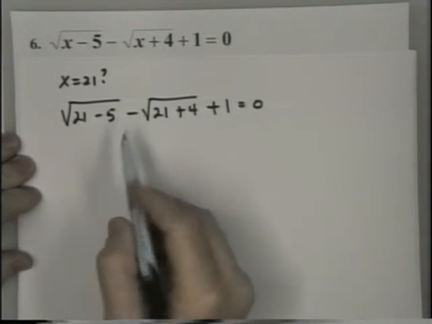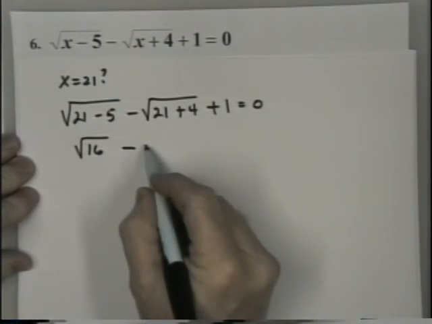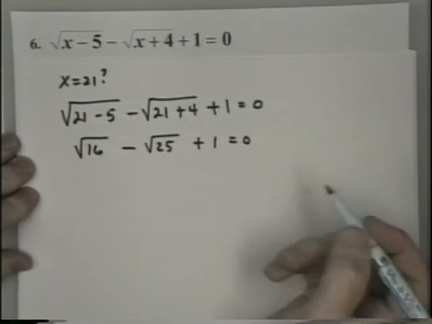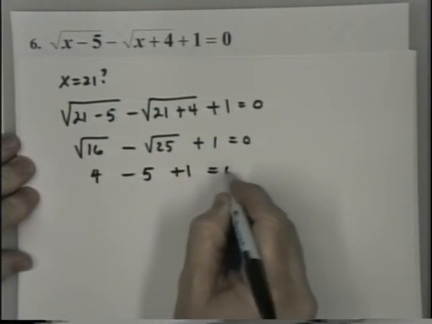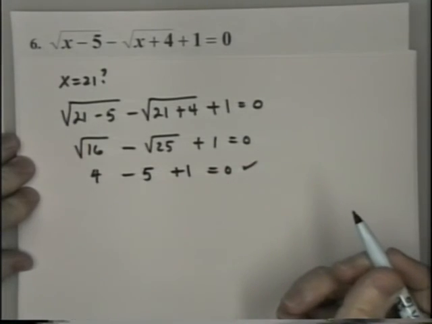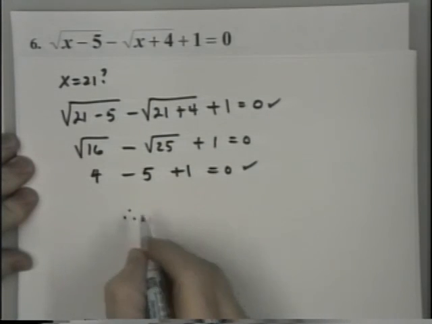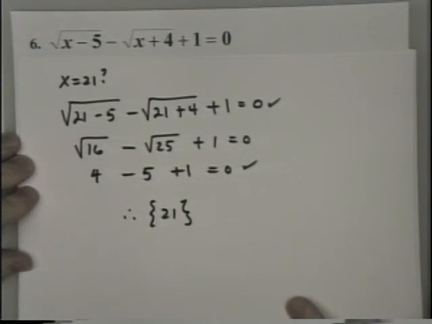Square root of 21 minus 5, well, that's the square root of 16. There's the square root of 25 plus 1. Is that equal to 0? That's 4 minus 5 plus 1, which surely equals 0. So this is a true statement. So therefore, my solution set is the 21.